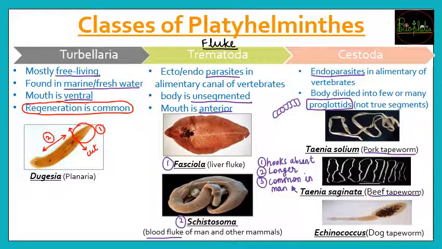So if man is infected because of the Taenia, that is tapeworms, so generally the species is going to be Taenia saginata or the beef tapeworm.